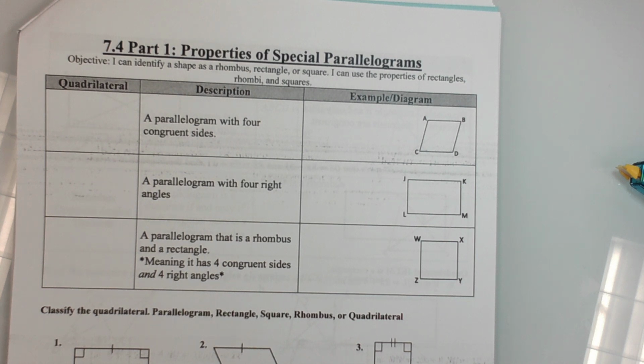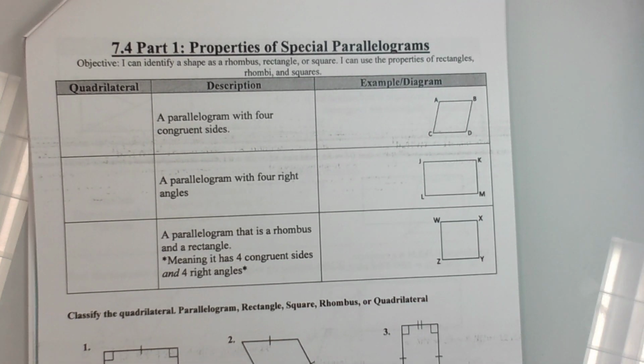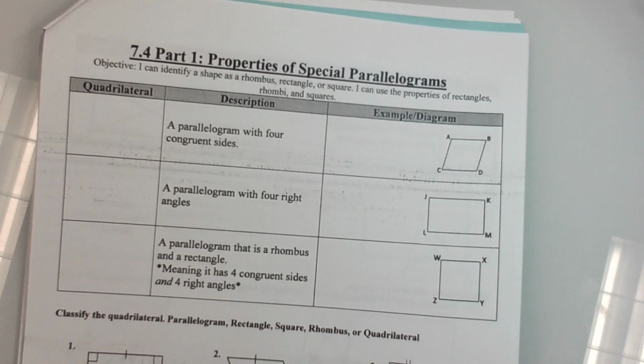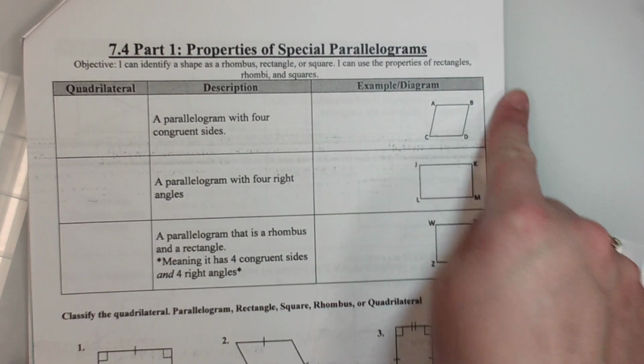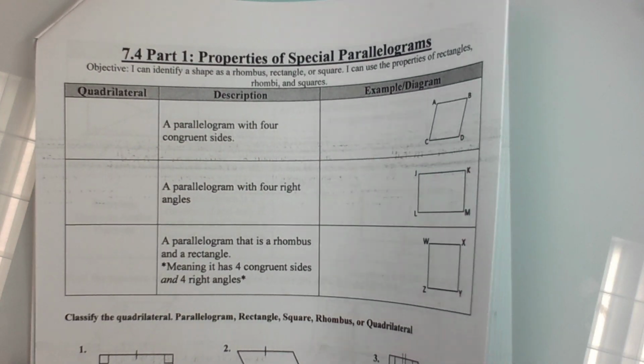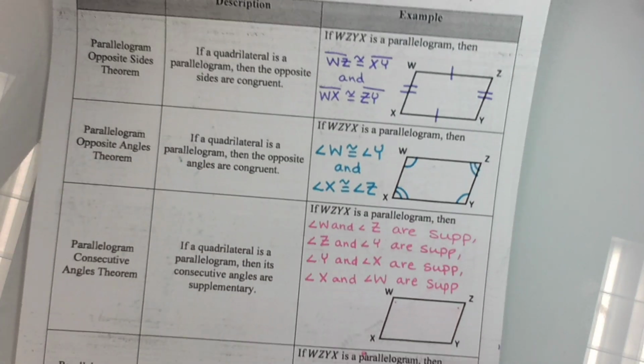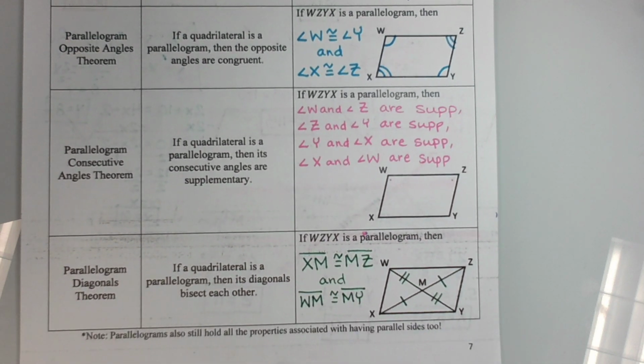Okay, so today we're diving into 7.4, which we're focusing in on specific types of parallelograms. Now, if a shape is a parallelogram, even if it's one of these specific shapes or specific types of parallelograms, it will still hold all of these properties.